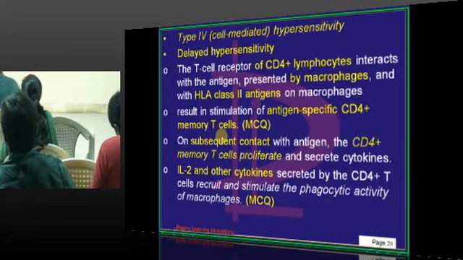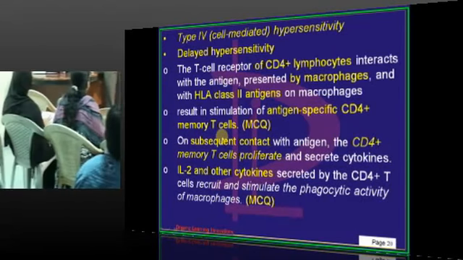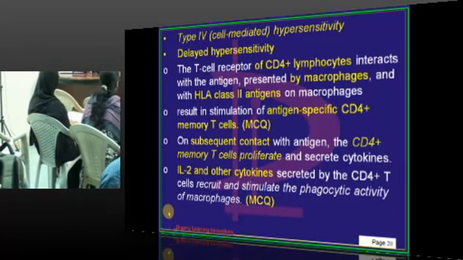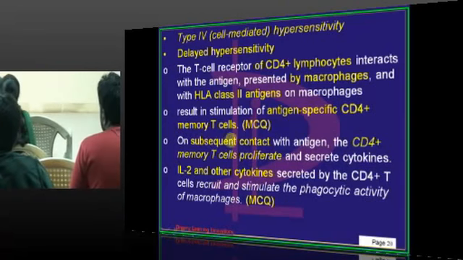So you are sensitized to tuberculin today means that a few days later if I give you one more tuberculin test, you will turn much more strongly positive for that tuberculin reaction, second time, third time, fourth time, because it will elicit CD4 positive memory T cells.